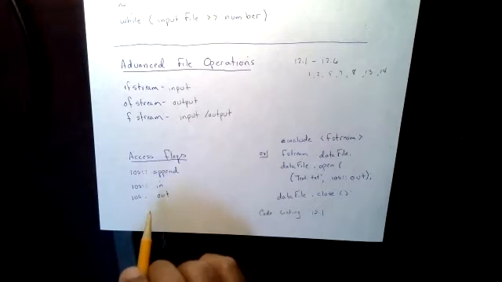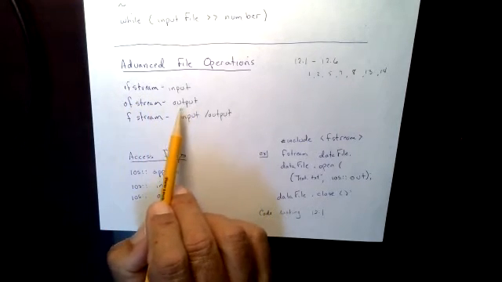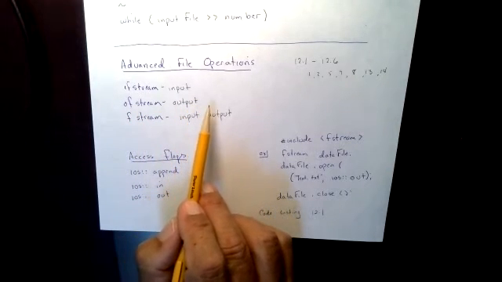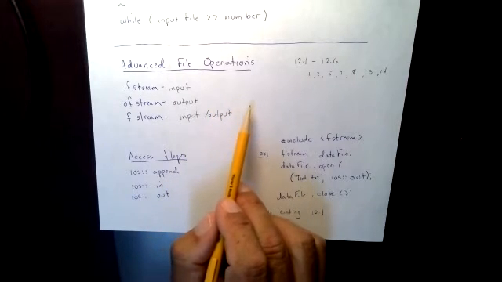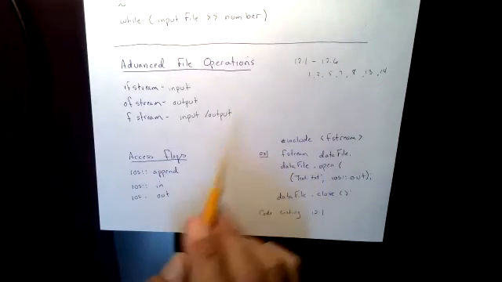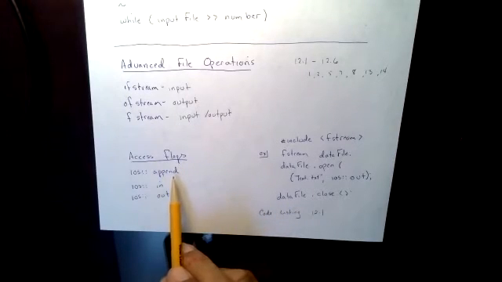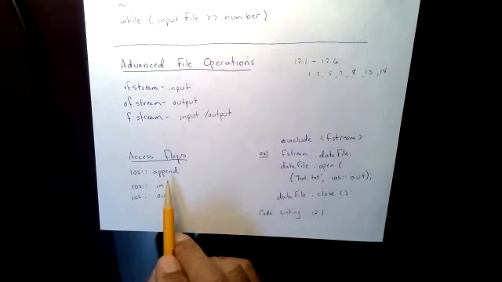You sure can. But remember when we did this output file, if no file existed, it created a new one, and if a file existed, it overwrote what was already there. Sometimes we don't want to overwrite it. So we're going to start with fstream, and we can use access flags like, what if I want to open it for output and append?